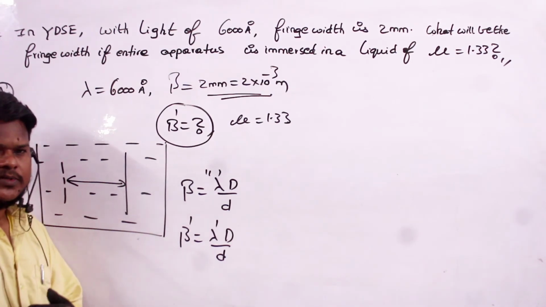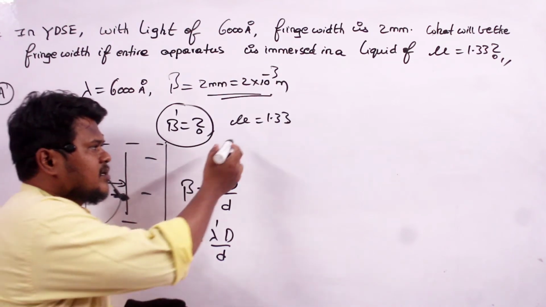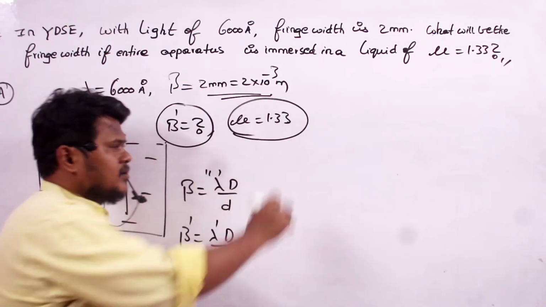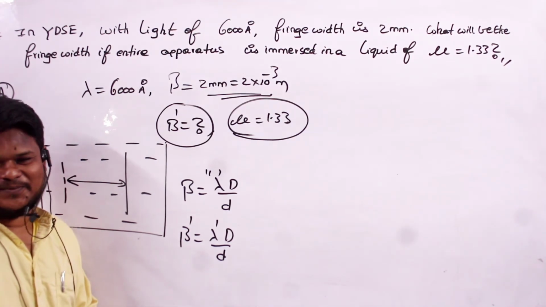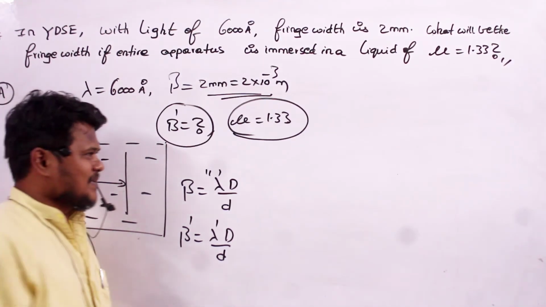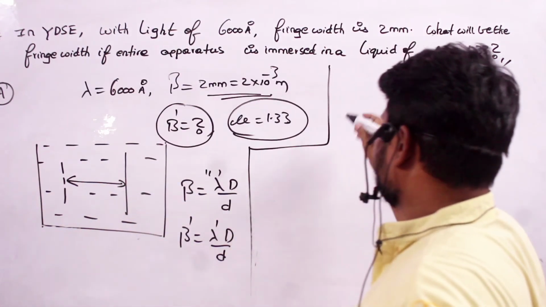Now, can anybody say how I can calculate lambda dash when it is immersed in a liquid of refractive index 1.33? We have a parameter called refractive index.